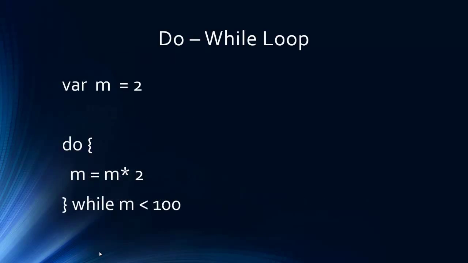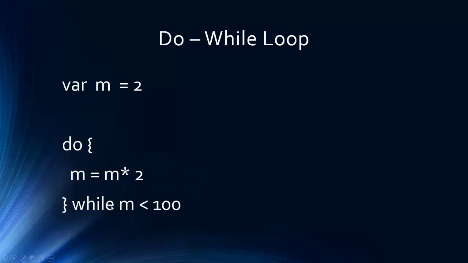The other loop is the do while loop, and we typically don't use do while loops, and the only reason is that do while loops have to run at least once. In this case, m equals 2, and then we do this while this is the condition. So m equals 2, do m times 2, so 2 times 2, while m is less than 100.